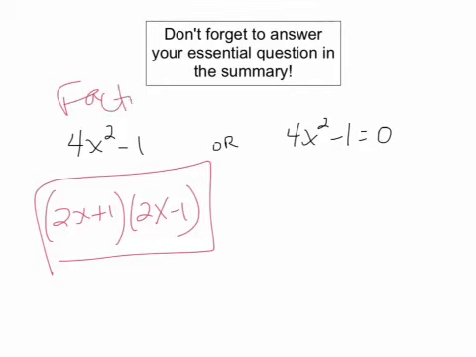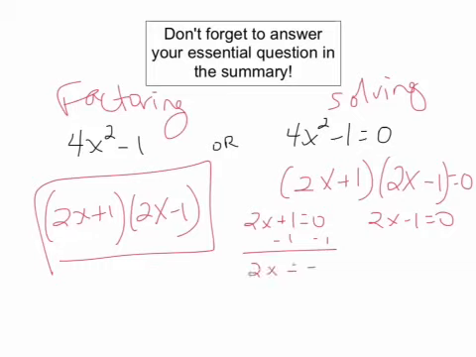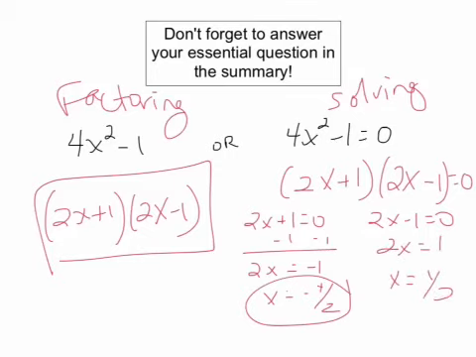If you are solving by factoring, so that means you have 4x squared minus 1 equals 0, so that means you're trying to find the x, then you still factor, but you have to apply that zero factor property, which is that you set each factor equal to 0 and you solve for x. So x would equal negative 1/2 here, and x would equal positive 1/2 here. So there's your difference between factoring and solving.